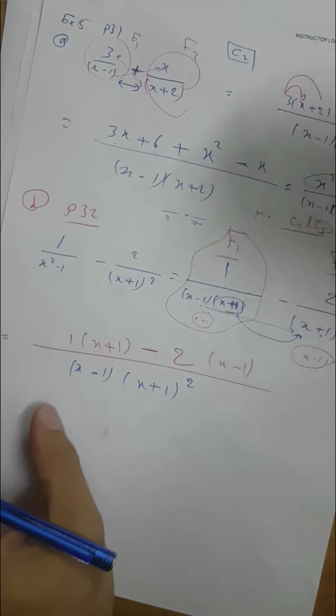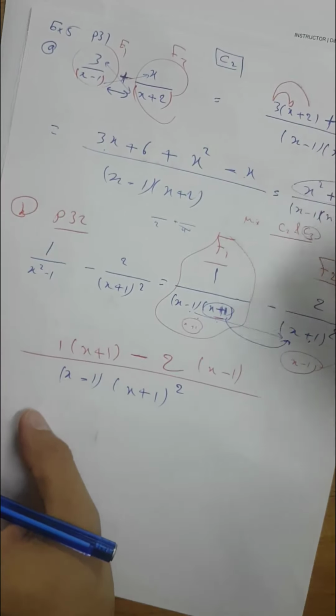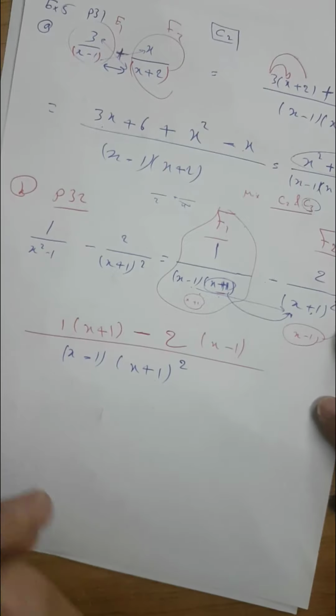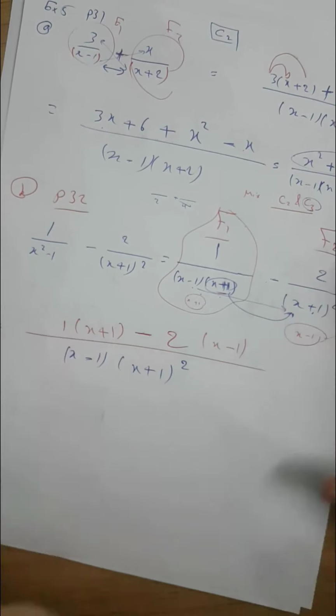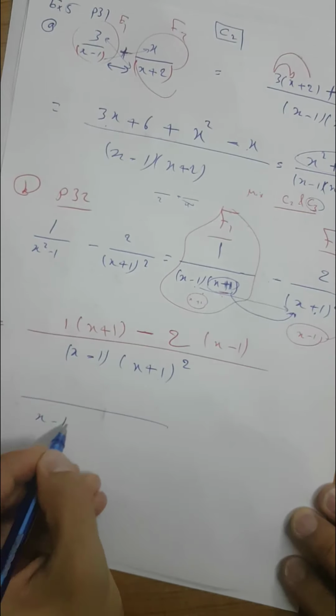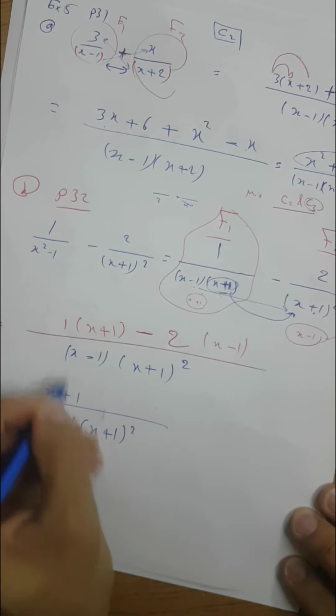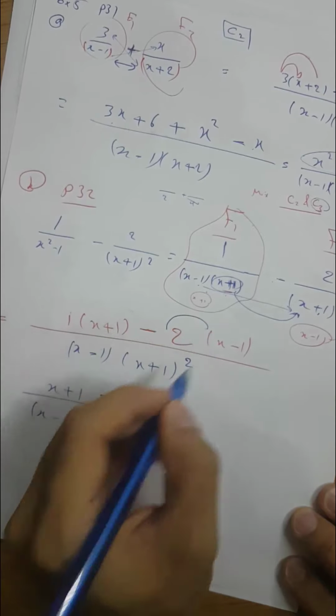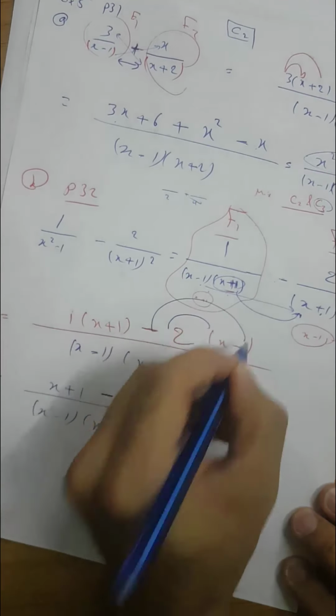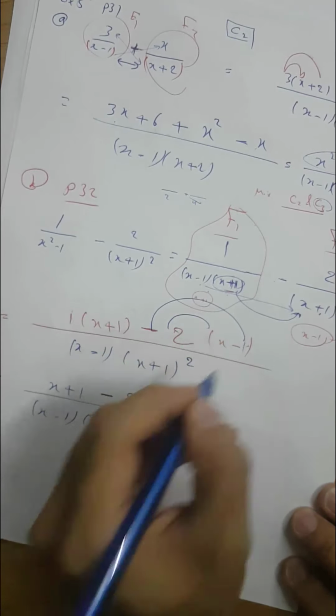Please try to review all these three cases. Otherwise, you cannot understand what I really did. So now x minus 1, (x plus 1) square. Now x plus 1 we multiplied minus 2x, minus by minus positive 2 by 1, 2.